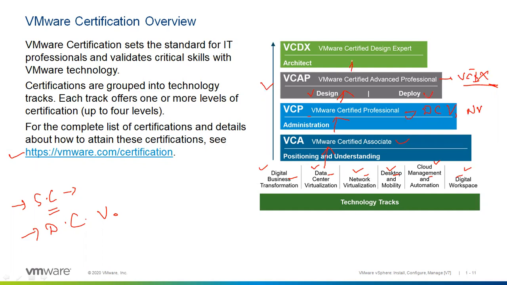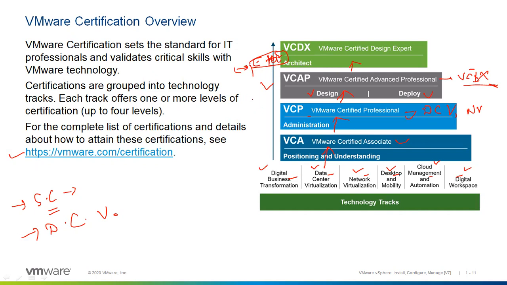The last level of certification in any track is VMware Certified Design Expert. When we say design expert, you have to provide an end-to-end solution. You have to provide the entire project from the beginning.